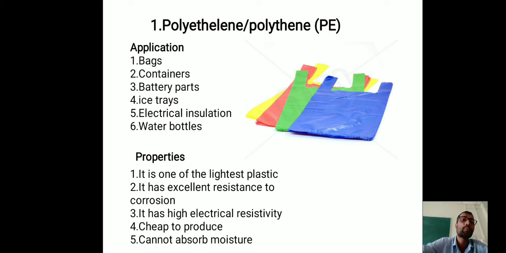Next, it is cheap to produce, means the manufacturing cost of this plastic is less. It cannot absorb moisture. The moisture absorption rate of polythene is very low, means this material never absorbs moisture. That's why there are no chances of corrosion. It is a corrosion resistant material. Clear? Polythene.